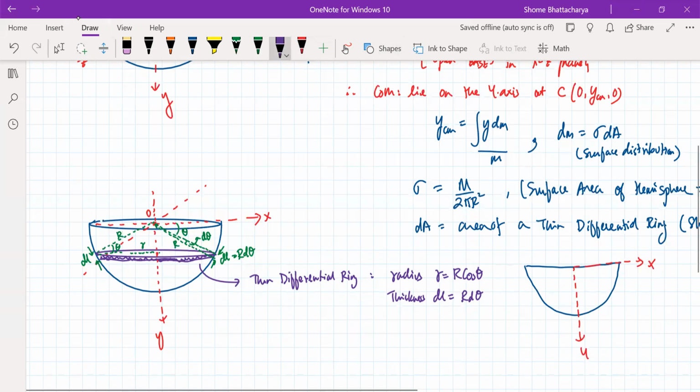So in this diagram, the ring that we have sliced will look like this. You've taken this angle to be theta.